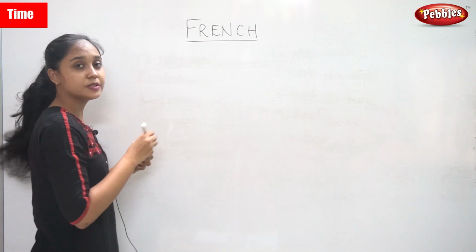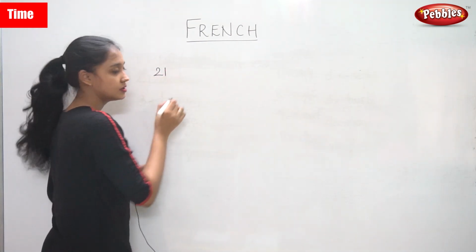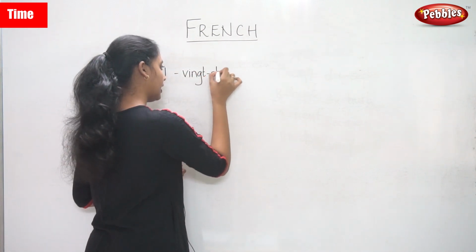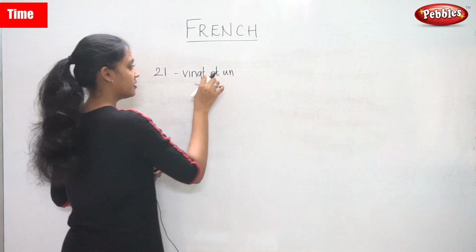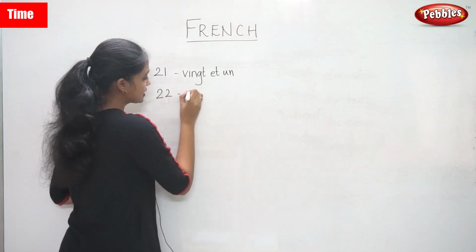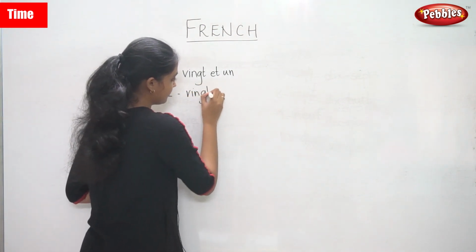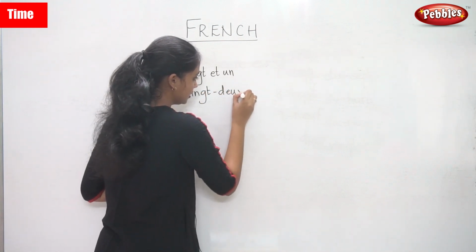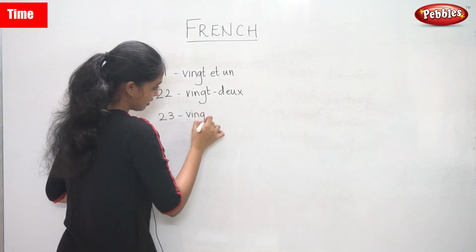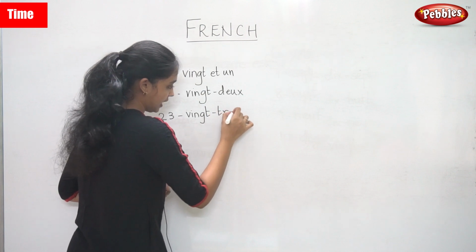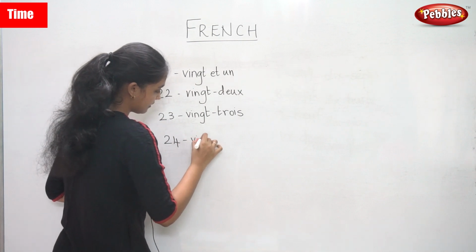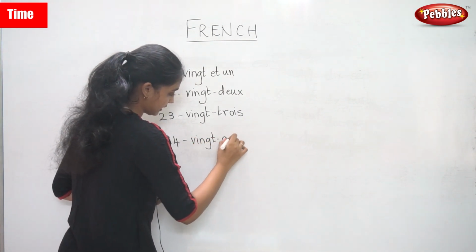So how do you write number 21? Vingt et un. 22 is vingt-deux. 23 is vingt-trois, and 24 is vingt-quatre.